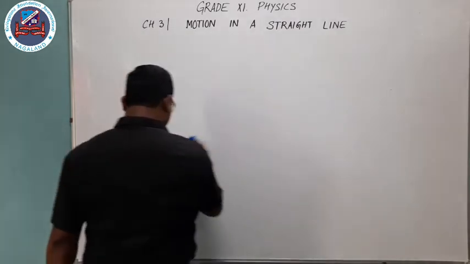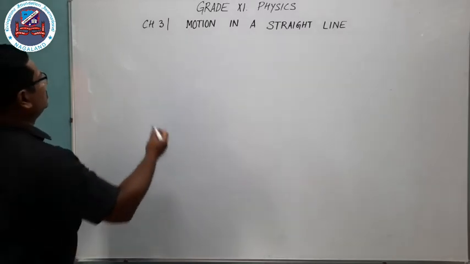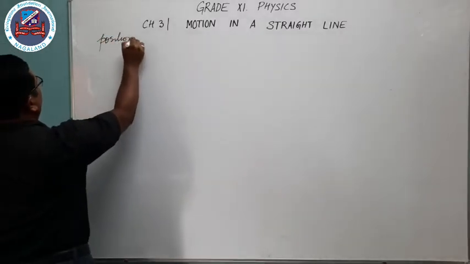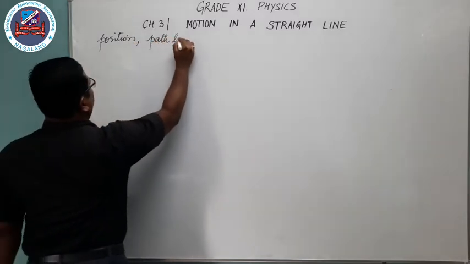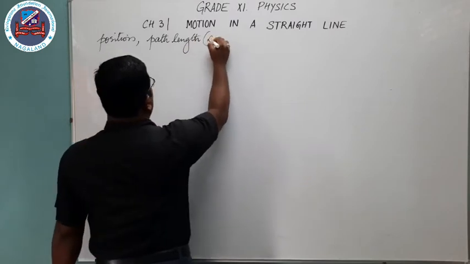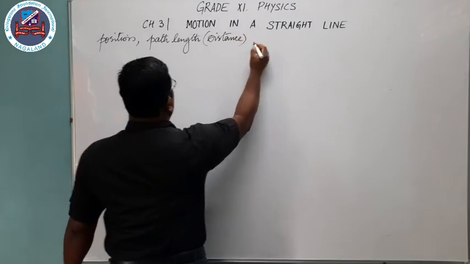The next thing that you have to know is about position, path length, path length is also known as distance, and displacement.